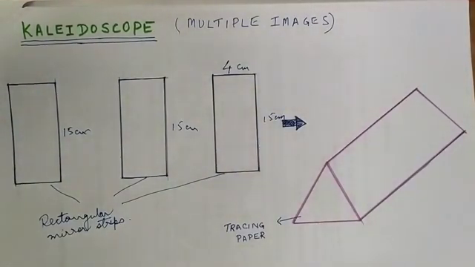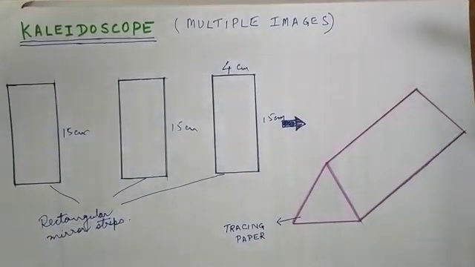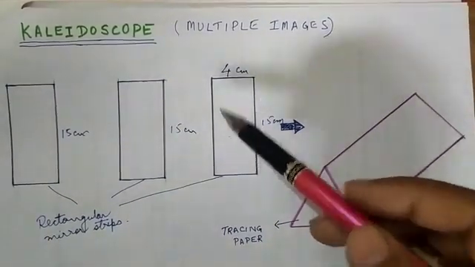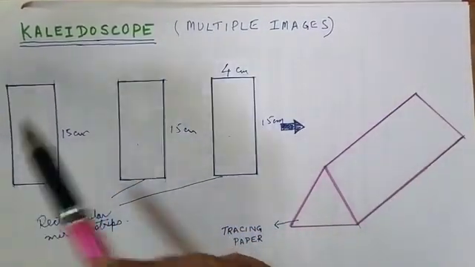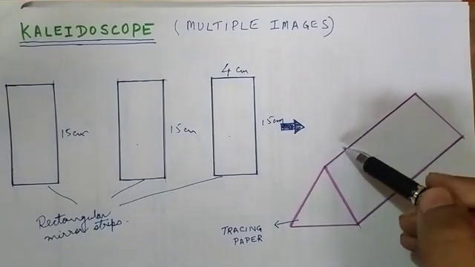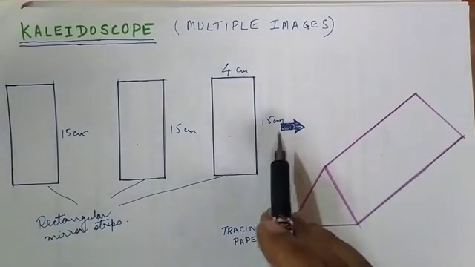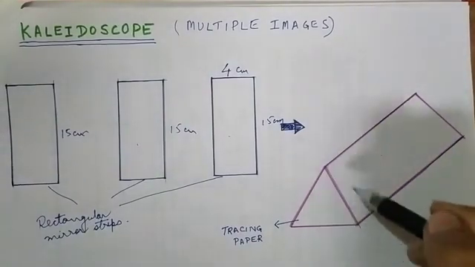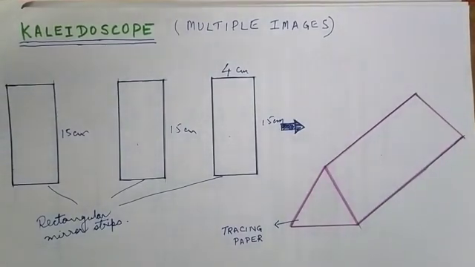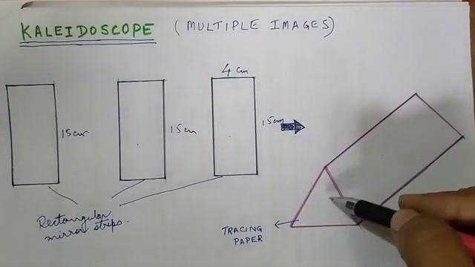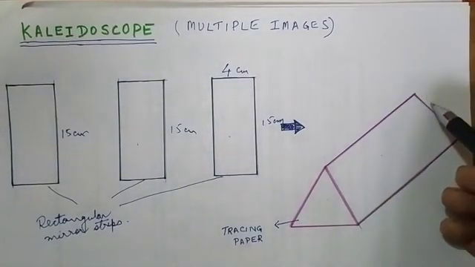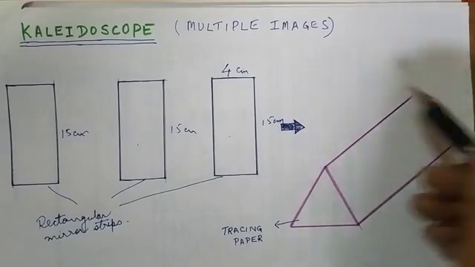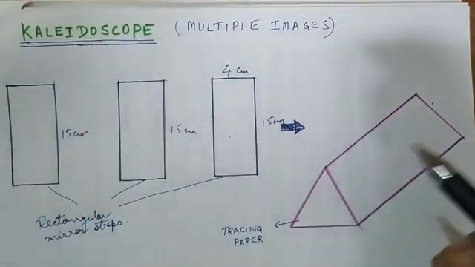Then we are going to join all these three mirror strips in a triangular form. When we join it in this triangular form, it more or less takes the shape of a triangular pyramid. There will be two ends of this device, which is known as a kaleidoscope.